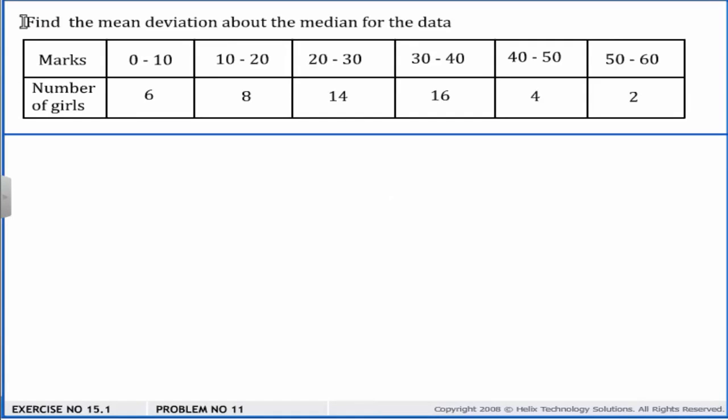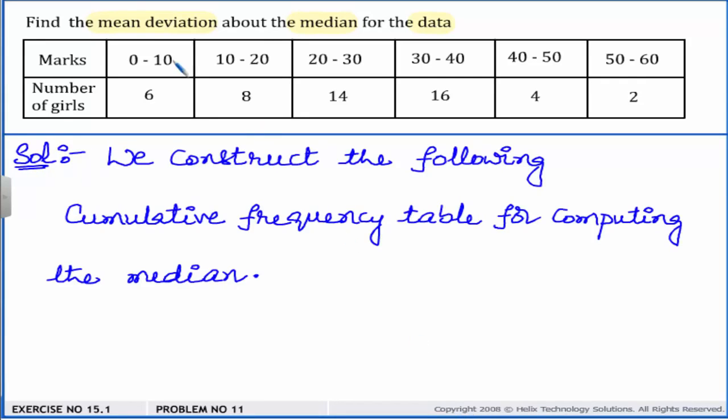In this question, you need to find out the mean deviation about the median for the following data. Let's see the solution of this problem, how we shall proceed with this. Now, before going to find out the mean deviation, let us construct the cumulative frequency table for computing the median.